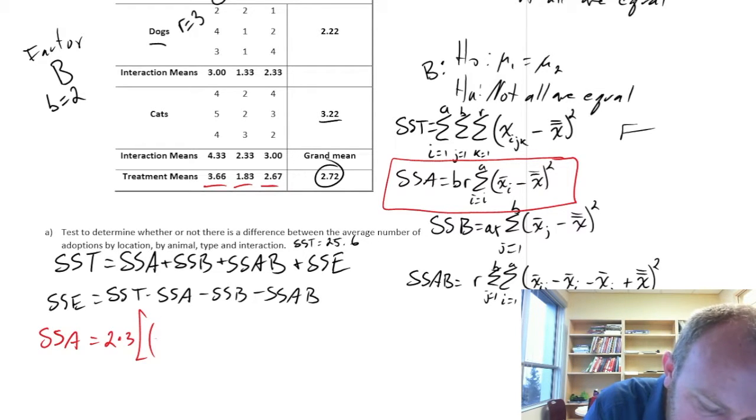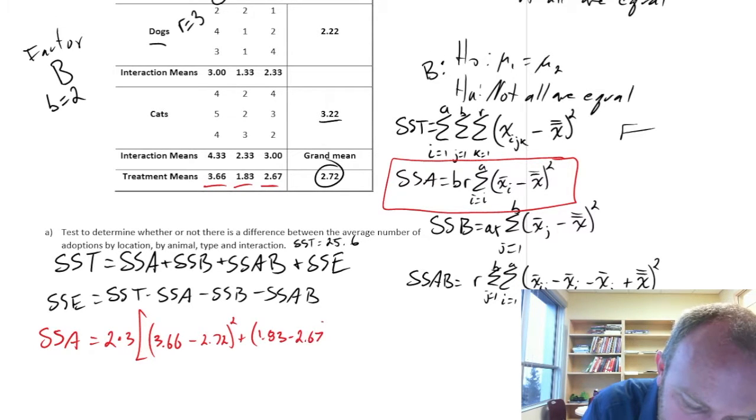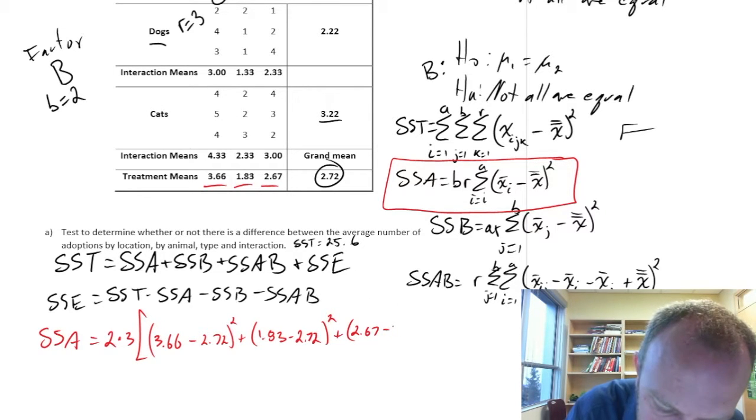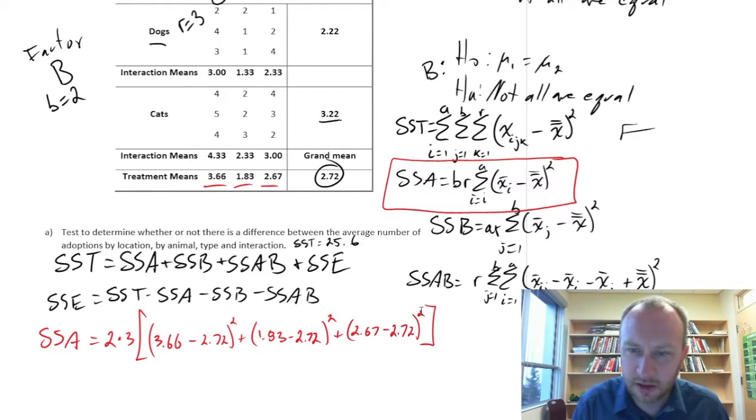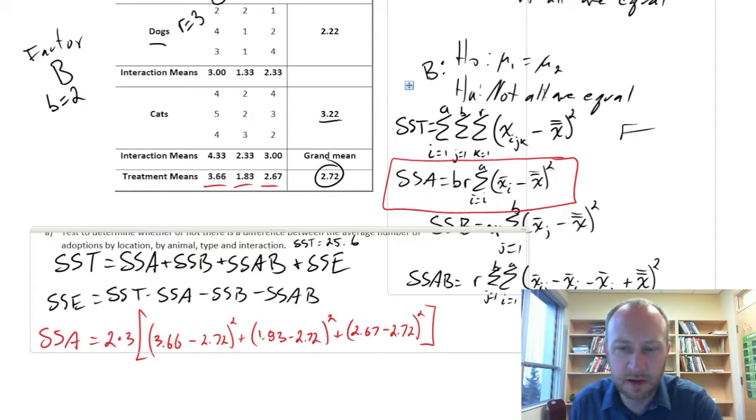And now these three treatment means: 366 minus 272 squared, plus 183 minus 267 squared, plus 267 minus, oops, I made a mistake right there. That's 272. 267 minus 272 squared. Okay, so let's get a calculator out here. There we go.